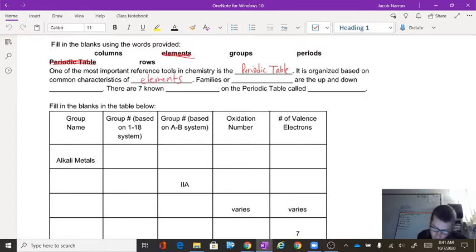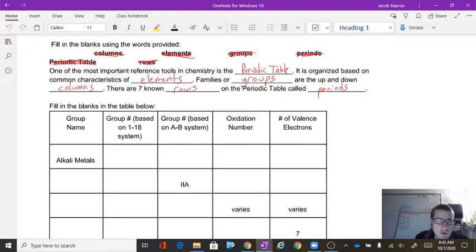Families or groups are the up and down columns. There are 7 known periods, or 7 known rows, I think is probably what that's supposed to be. 7 known rows on the periodic table called periods. So there we go. All right, done with that one.